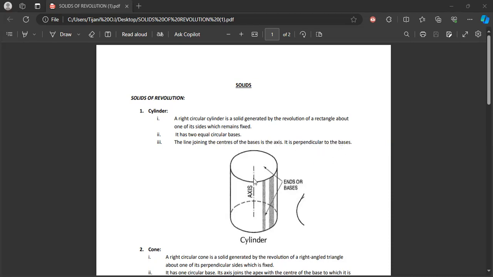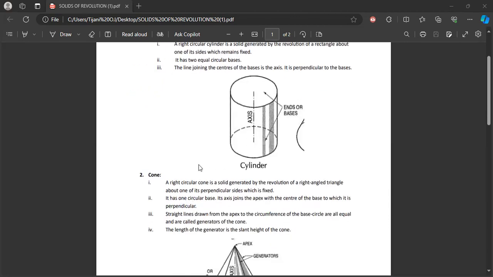This is the axis, the line that connects the two circular ends together. It is perpendicular to each of the bases, that means it is at a right angle to each of the bases.